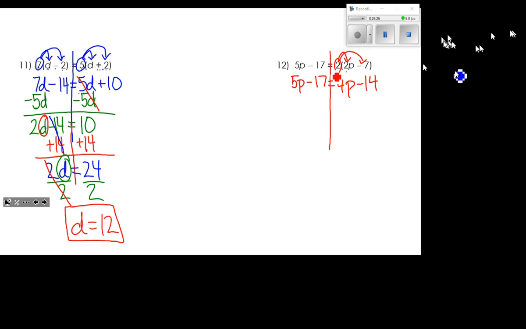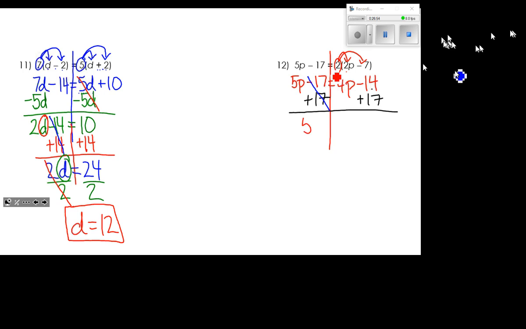I'm going to solve this one a little bit in a different order, just so you can see the options that you have. I'm actually going to move this minus 17, and I'm going to add 17 to both sides. And notice that I put the plus 17 below the 14, because those are the like terms that I'll be able to put together to solve this. So I've done something to both sides, so I can cancel.